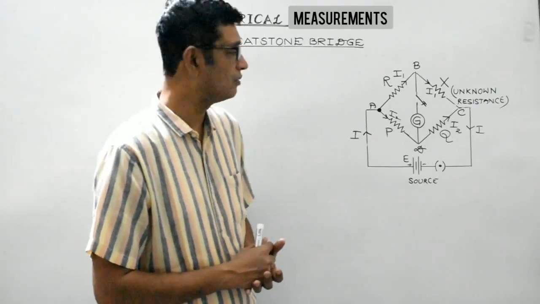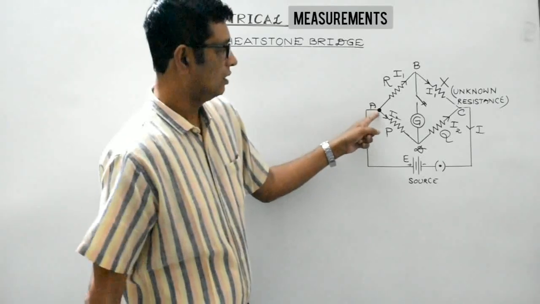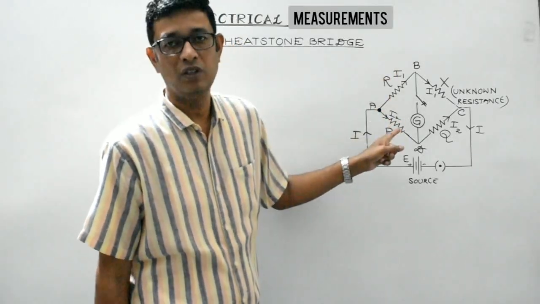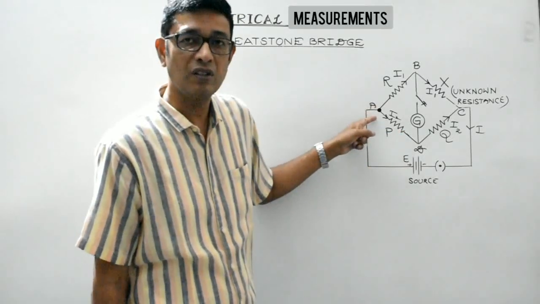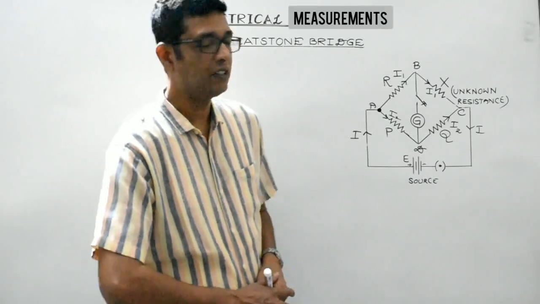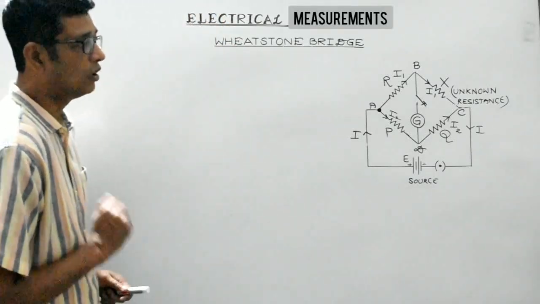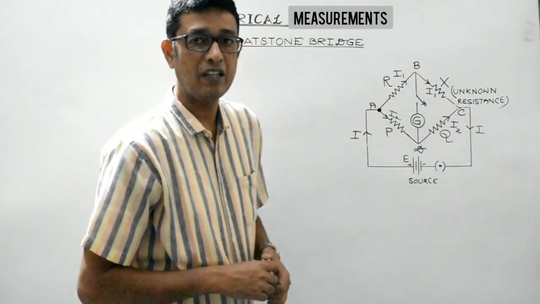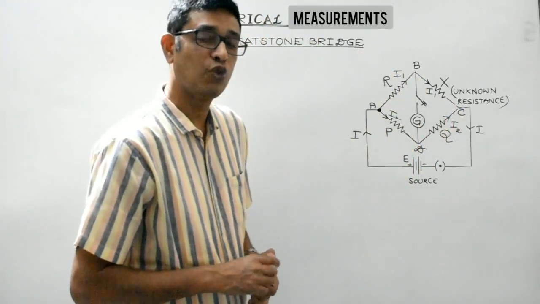Charge will remain conserved, isn't it? So, applying the junction rule over here, I will be equal to I1 plus I2. The sum of the currents entering a junction must be exactly equal to the sum of the currents leaving it, right?